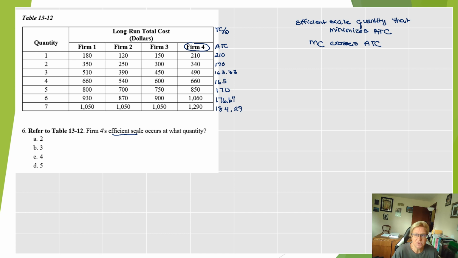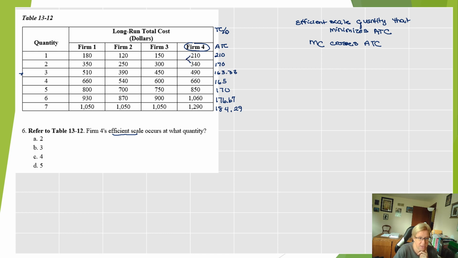Okay, so based upon what we know here, where is the minimum of our average total cost? It's going to be somewhere in here, right? Around 3 units.